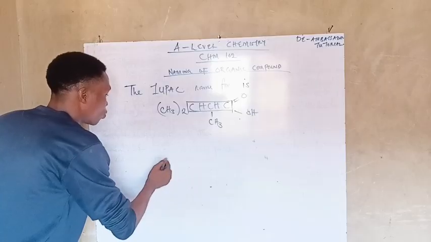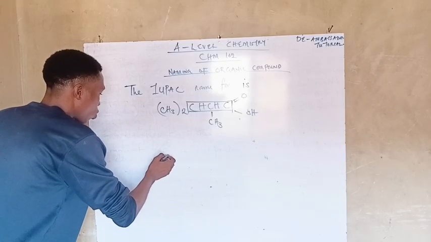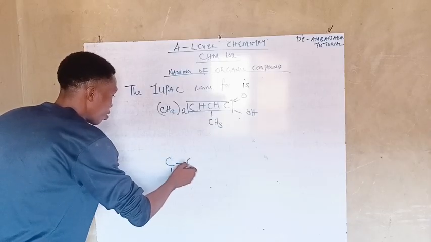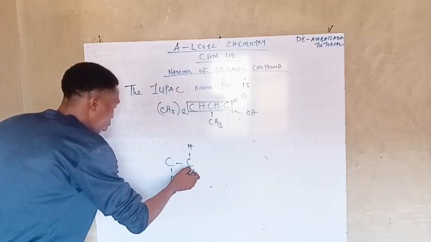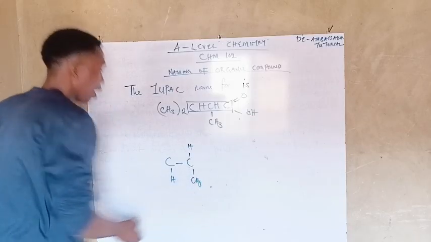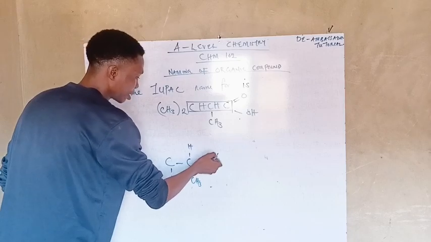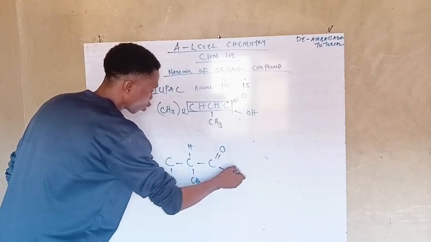When you try to bring it out, you see we have that C connected to just one hydrogen atom, then this C connected to just one hydrogen atom, then under it we have a methyl compound, then the other C, which is the terminal C, is having this structure.